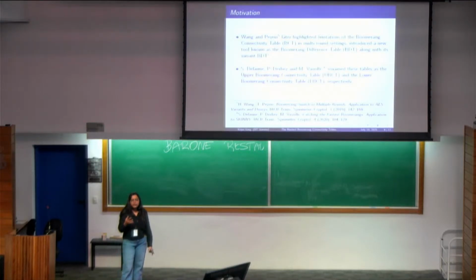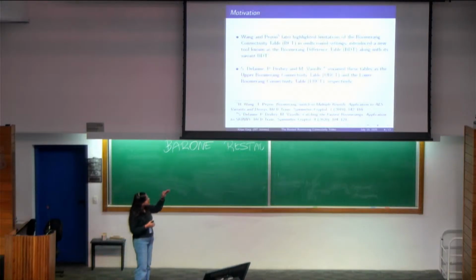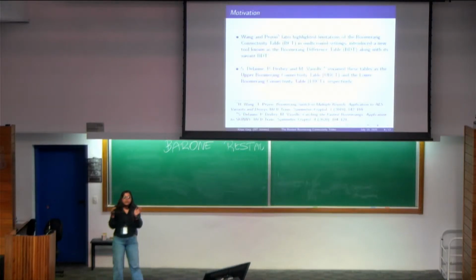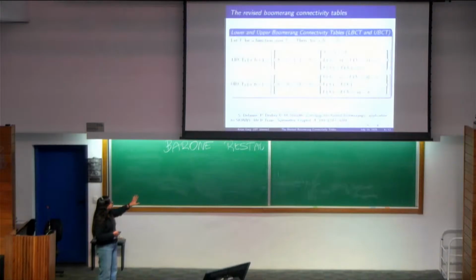We can find very few functions with low differential uniformity. But what we are doing exactly is characterizing these tables in terms of the difference distribution table. There are many functions whose difference distribution table entries we know, and we are establishing a relationship between them. So first of all, mathematically, I would like to define what we mean by the upper boomerang connectivity table and lower boomerang connectivity table.